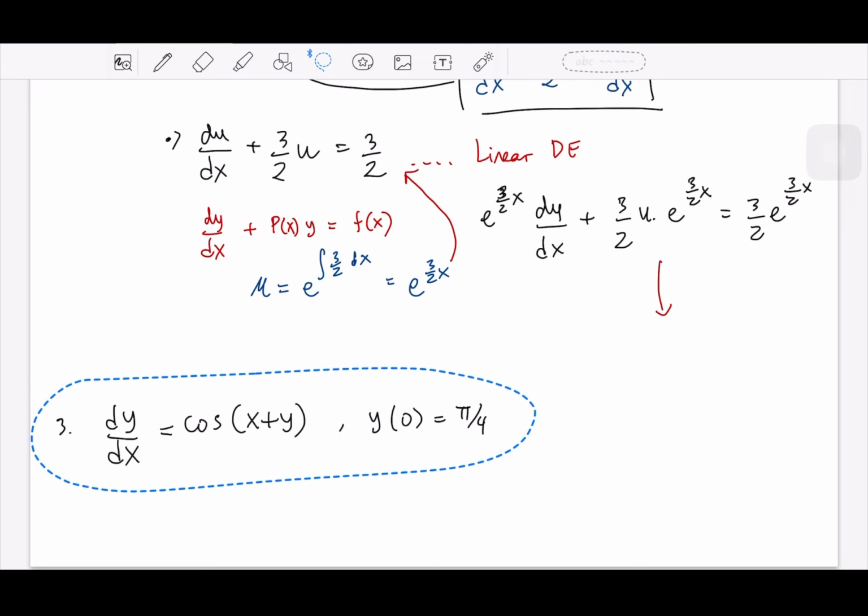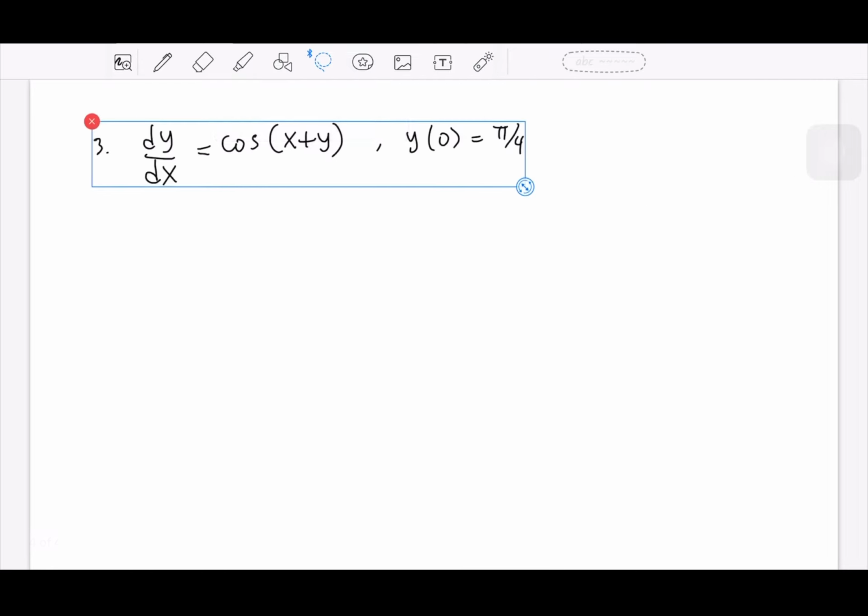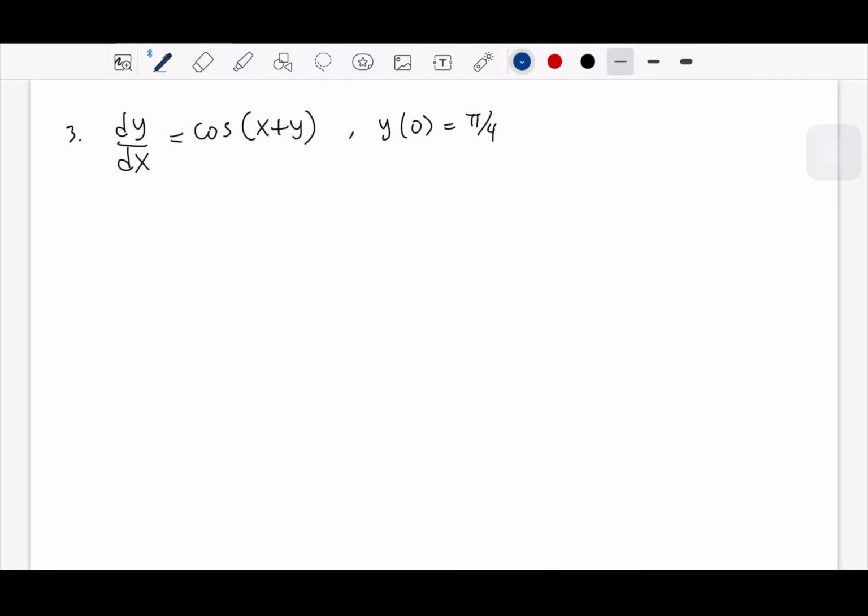I think we can move this. Let me copy and take this to another page. So we take the substitution u = x plus y. Okay. So we are going to have du over dx is 1 plus dy over dx.